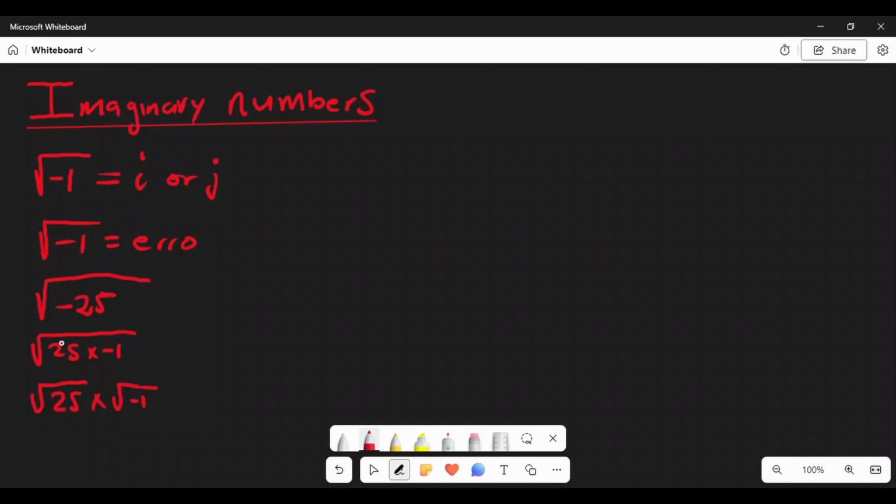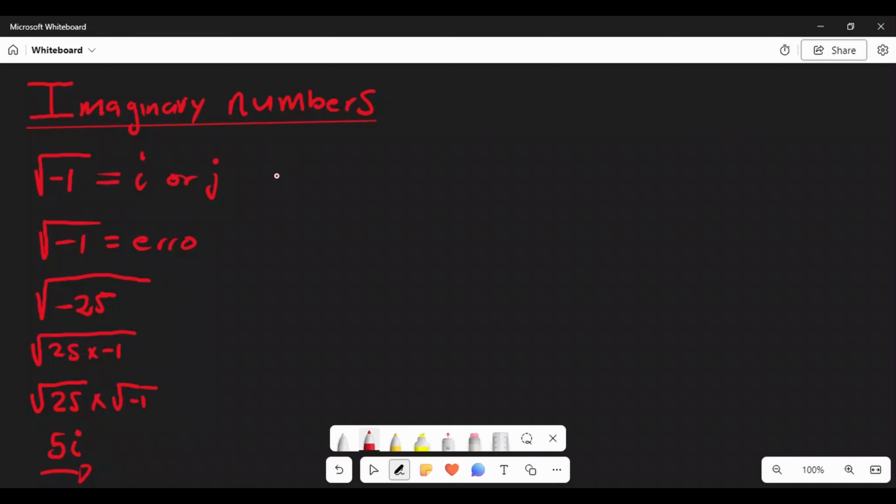This here is the same as that. So what is the square root of 25? It's going to be 5. But then what is the square root of negative 1? We say it's an imaginary number. So this negative 25 under the square root, the actual answer is 5i. So that's how you actually solve these imaginary numbers.